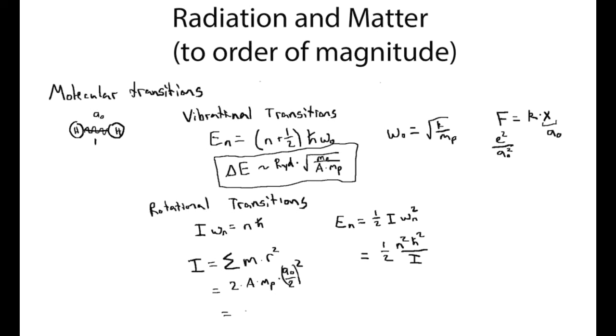Then we end up with A times the mass of the proton, so that's the molecular mass over 2, times the Bohr radius squared. So plugging this in over here, we get that the nth energy state is of order n squared h bar squared over the atomic mass times the Bohr radius squared.